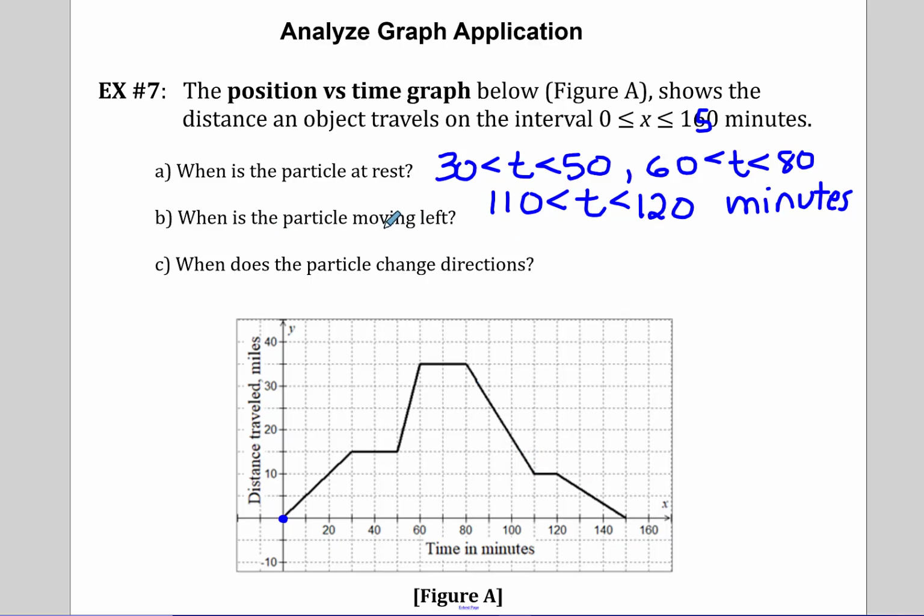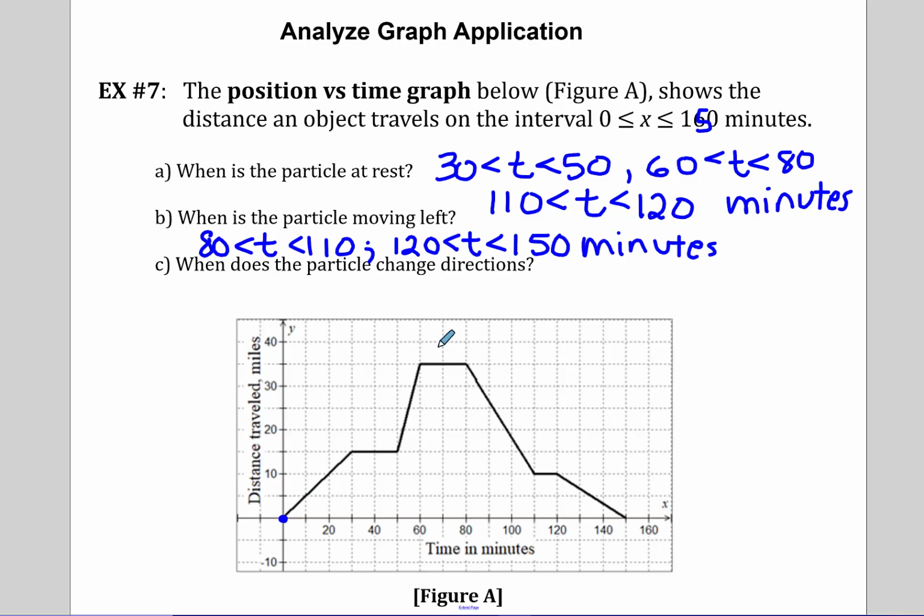So when the particle is moving left, it's moving right here and then moving left between 80 and 110 minutes. And then again, back home, back to the origin, moving left from 120 to 150 minutes.